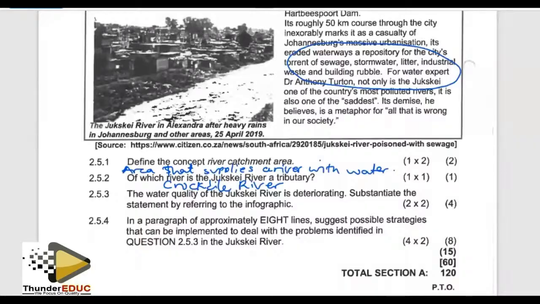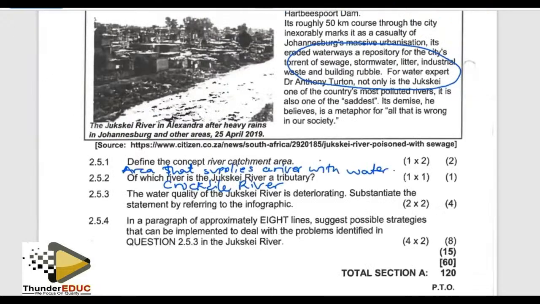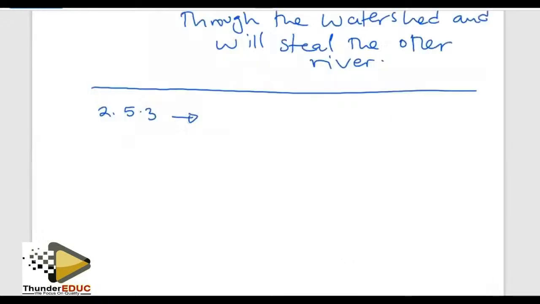Testing one, two. All right, it's back. So 2.5.3: the water quality is deteriorating, substantiate the statement by referring to the infographic. Remember, we identified the torrent of sewage.